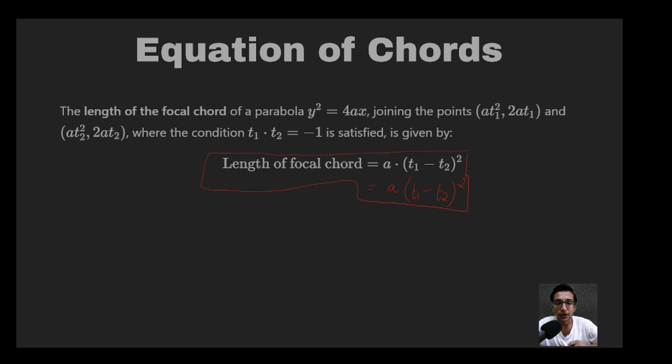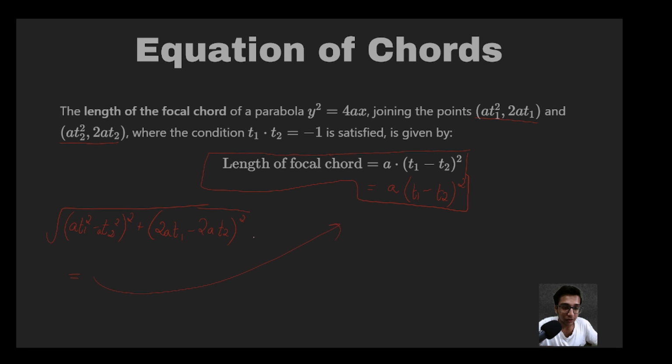If you have 2 points and find the distance between them using the distance formula, (x1 minus x2) whole square, which is (a t1 square minus a t2 square) whole square, plus (y2 minus y1), which is (2a t1 minus 2a t2) whole square, then the length that you would get is this one.